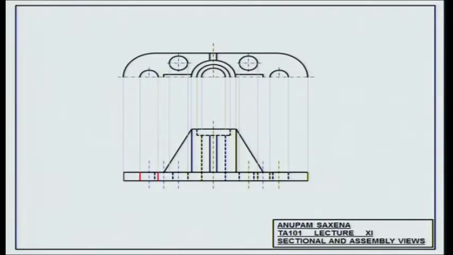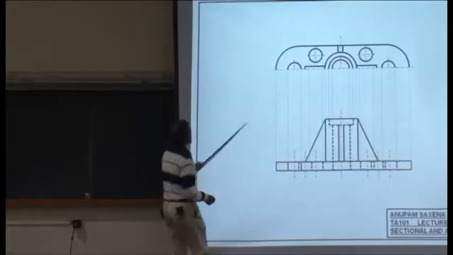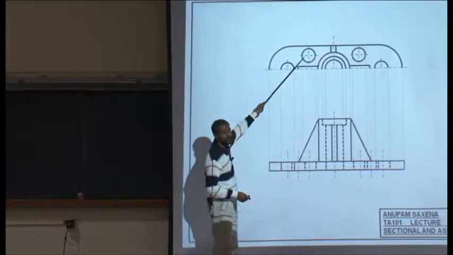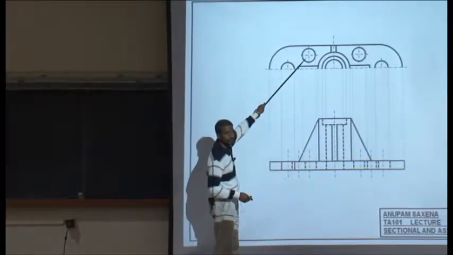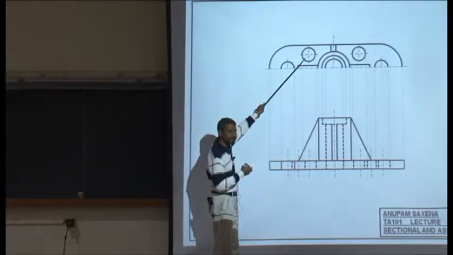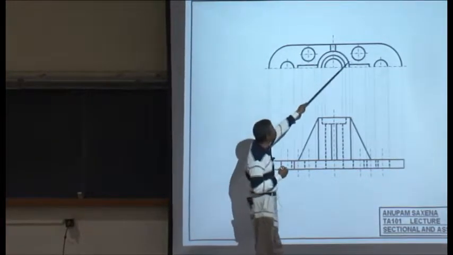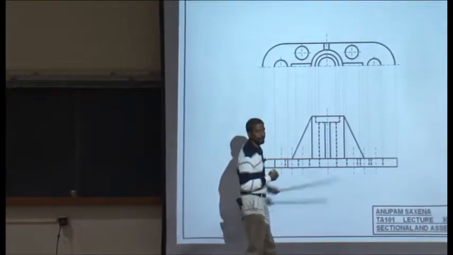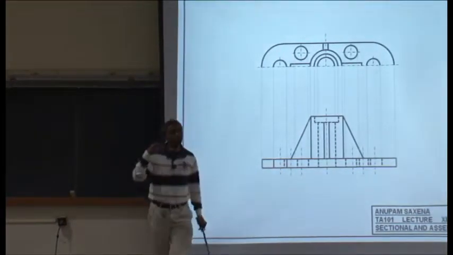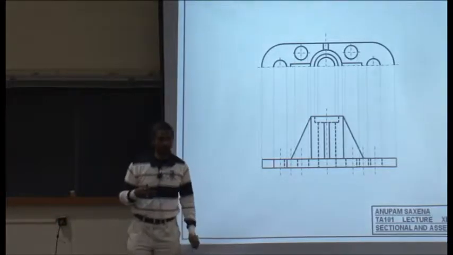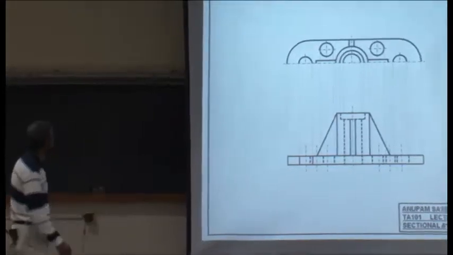Okay. As I said, I'm going to be ignoring this cylindrical void because it's essentially hidden. I don't want to be showing the hidden features. Likewise, I'm going to be ignoring this cylindrical void. I would want to show what I see. Okay? What I see.